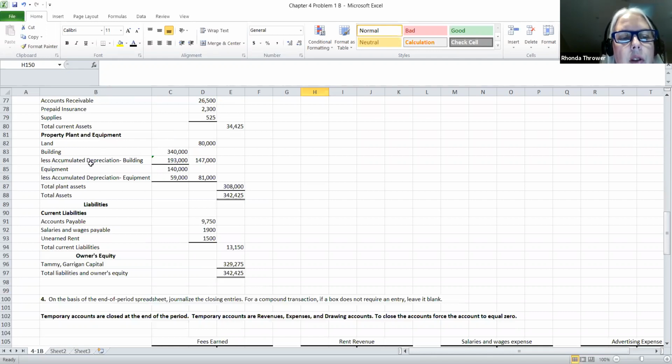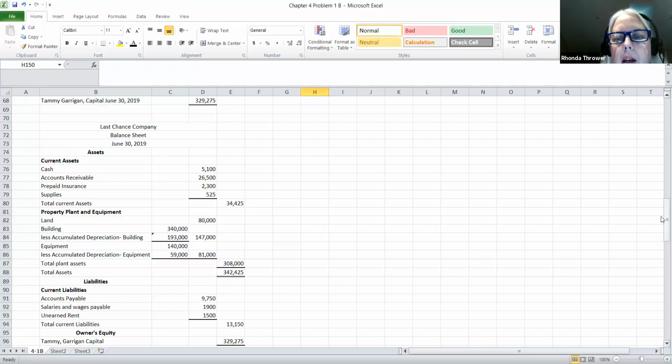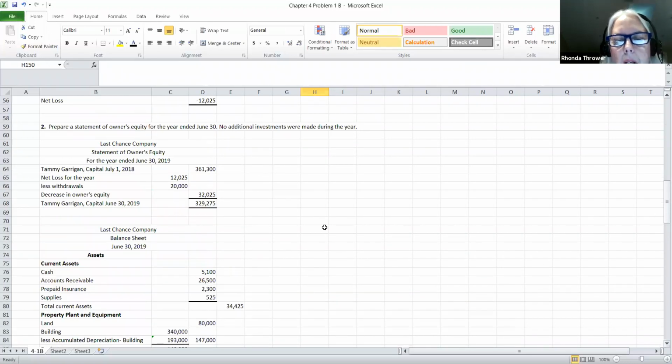Now, I want you to look closely at this. Right underneath it is the contra asset account, accumulated depreciation, that goes with the building account. So the accumulated depreciation on the building account is $193,000. I'm getting that from my adjusted trial balance.